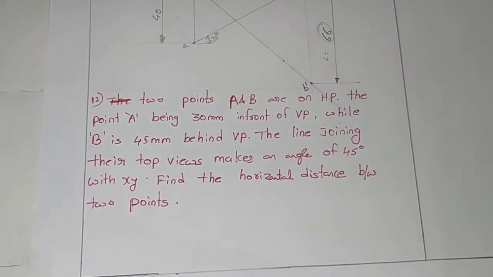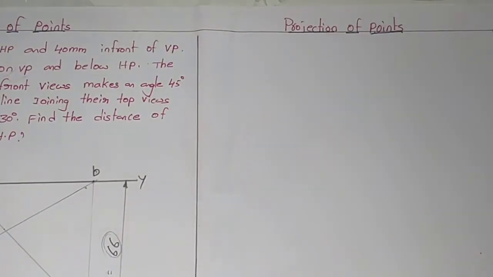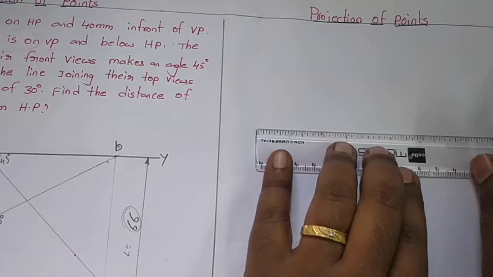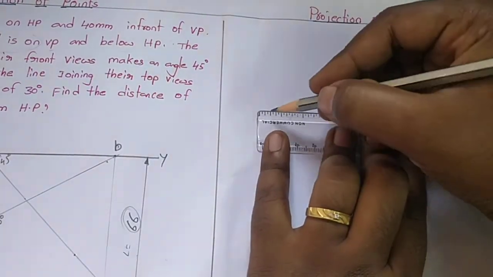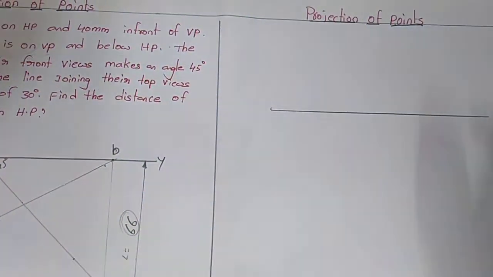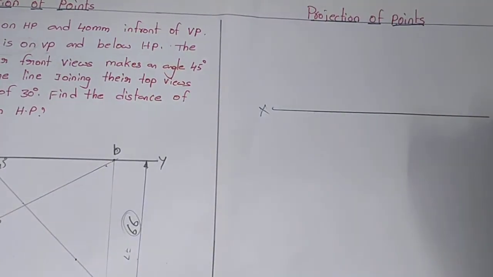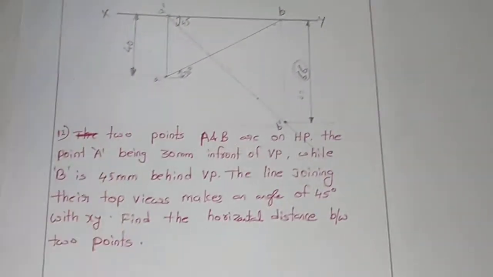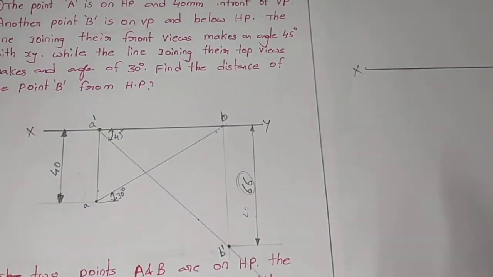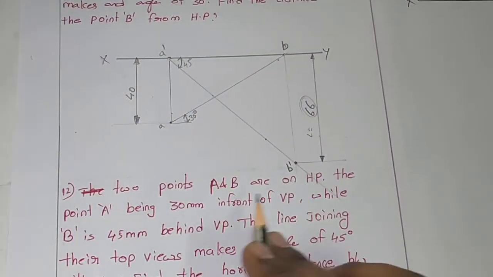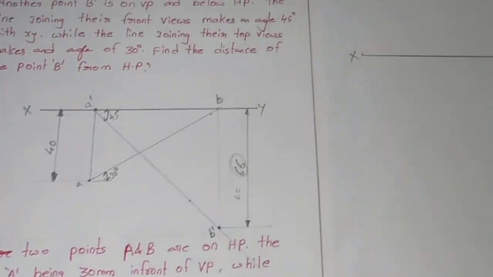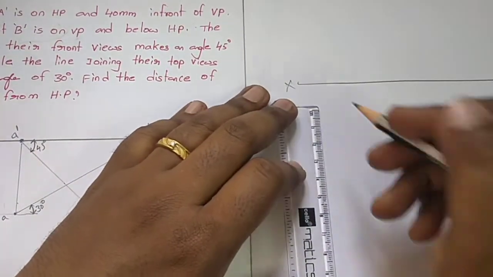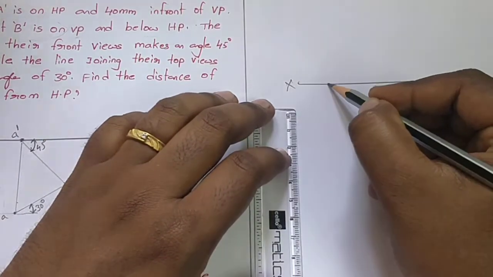First draw the XY line. It is the reference line. First draw the projection for point A. Here the condition is that point A is on HP and 30 mm in front of VP. Suppose I am considering one point here.